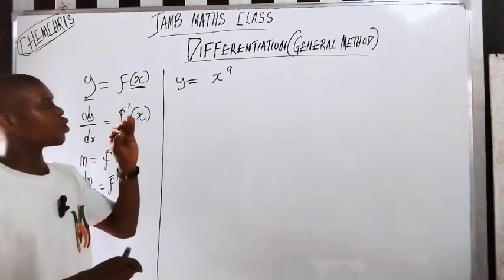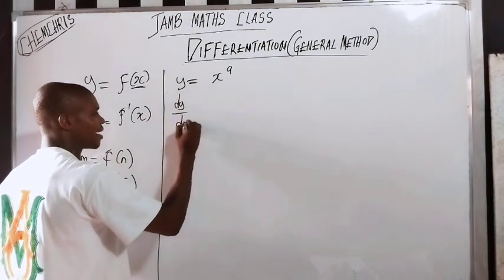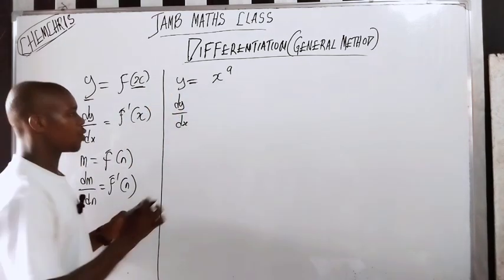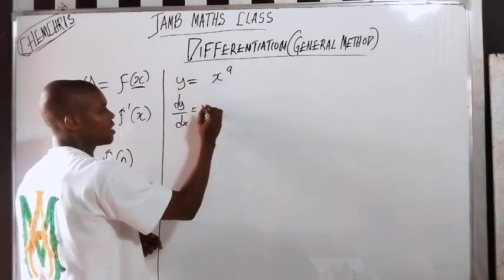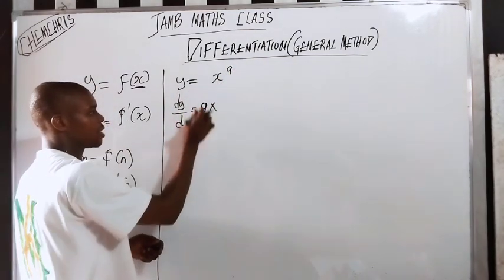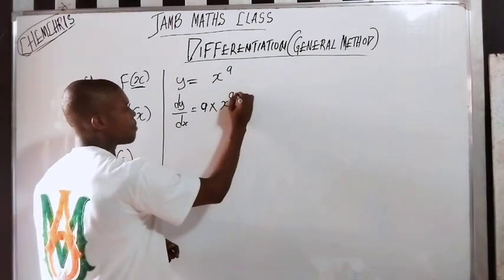To get dy/dx, that is the rate of change of y with respect to x, you bring the index down to multiply, times x raised to a minus 1.